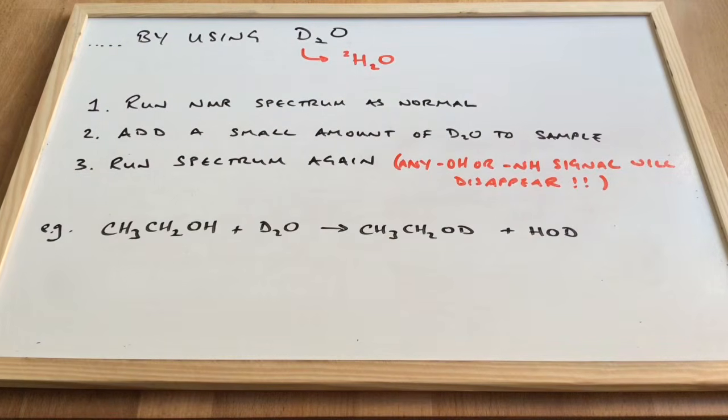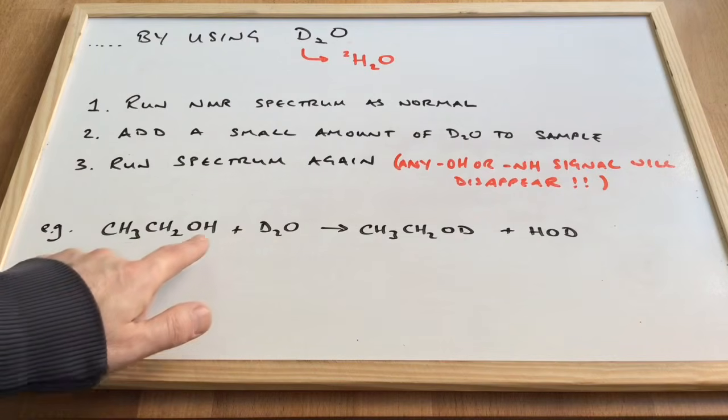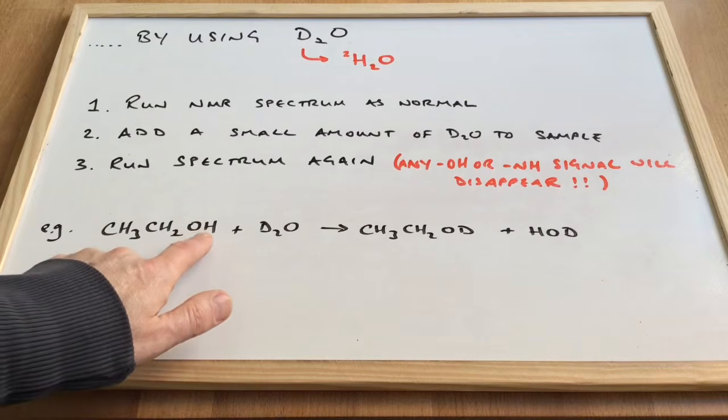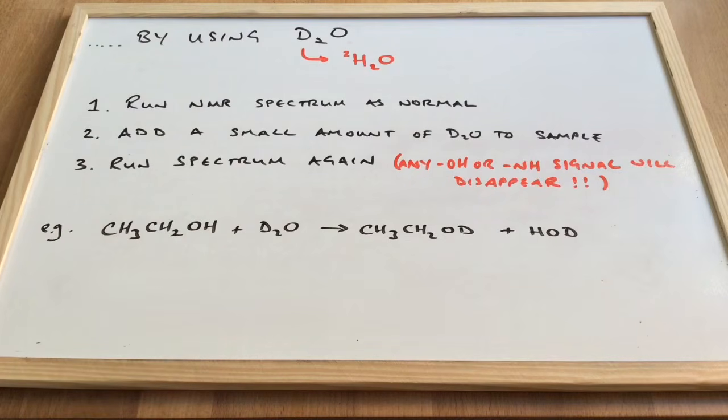If we look at the equation I've drawn up, you can see an ethanol molecule there reacting with D2O. That's obviously this second step here, and if you look at the equation you can see what's happened. The hydrogen that's bonded to the oxygen, so only the OH proton, is replaced with a deuterium isotope.